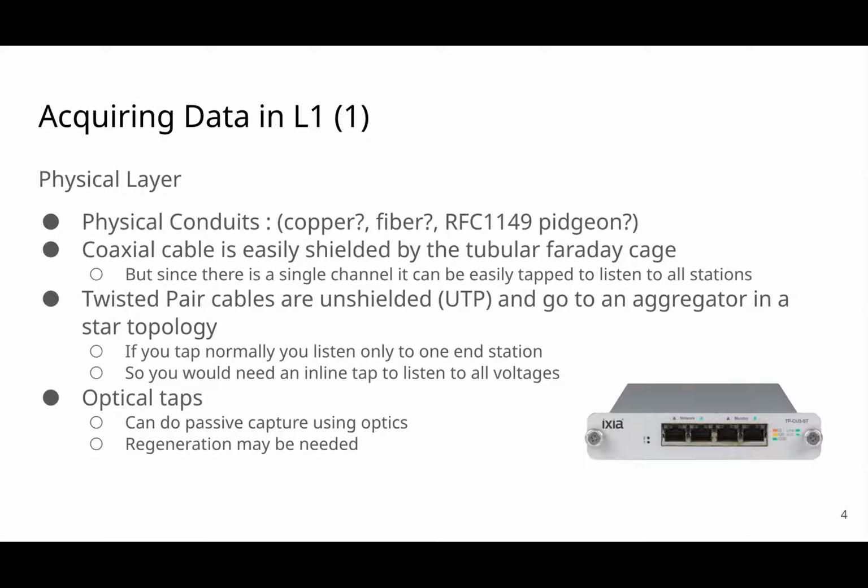So this also shields out things outside of the cable from interference caused by the current passing through the cable, right? So it kind of forms a Faraday cage, as we say here. Now this is a single channel passing through there. So if you can tap in without connecting the outside of the cage to the internal cable, then you can get these signals.